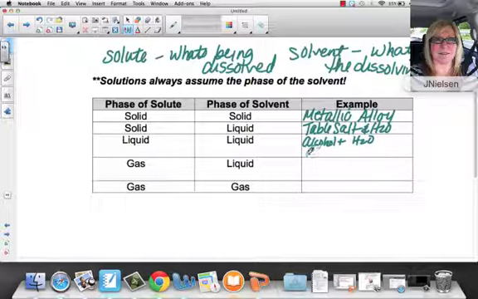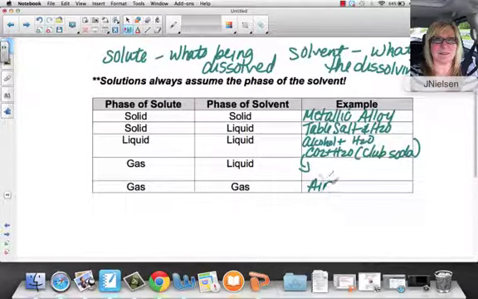Or if I put CO2 and water, then I get club soda. A gas solute and a liquid solvent. So I'm putting a gas into a liquid. Oh, I put this in the wrong spot. This one goes down here, sorry. One in each one. This is CO2 and water, so club soda. And then for a gas, a good one would be just air.